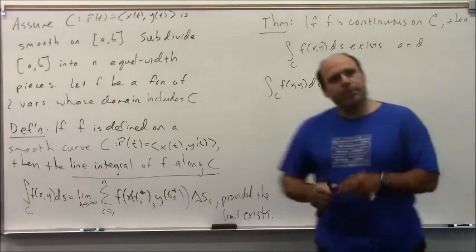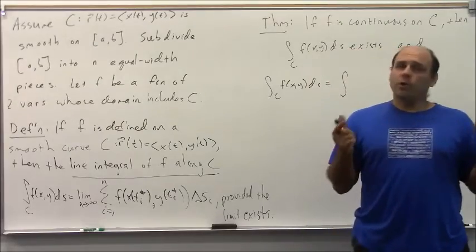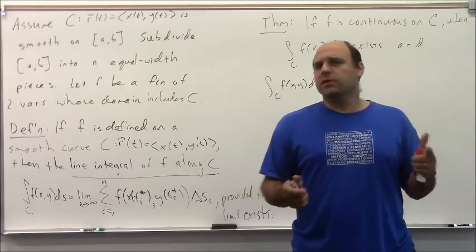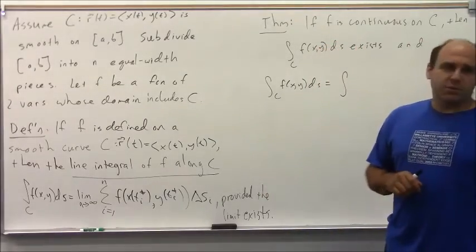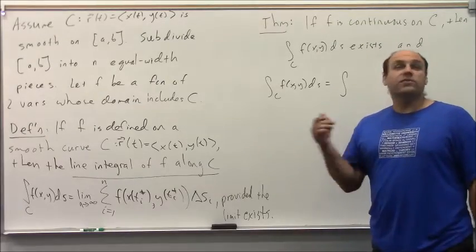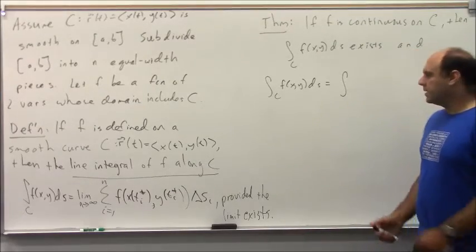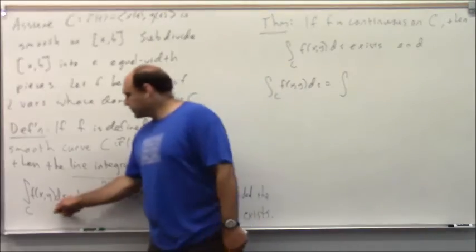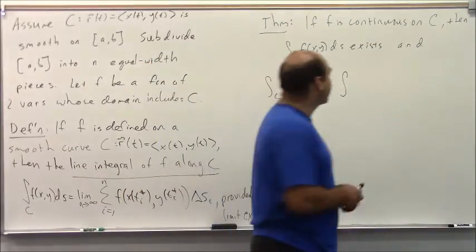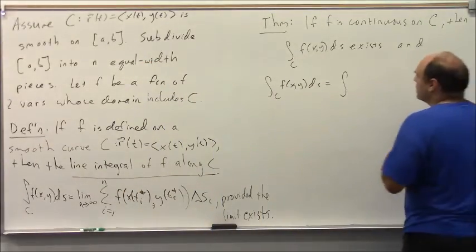Let me pause here just a moment. Do you remember in all those triple integrals and double integrals that we were doing before, the part that we always had to figure out is what's the dA or what's the dV? Here we need to figure out what's the ds. That's what this theorem is telling us. So the ds, it's going to look like this.